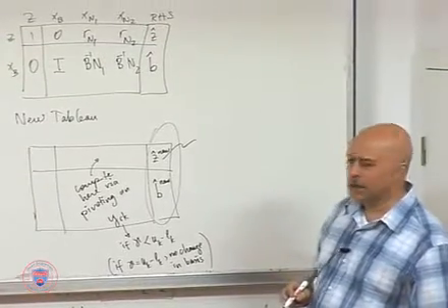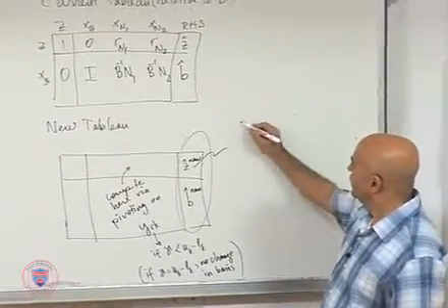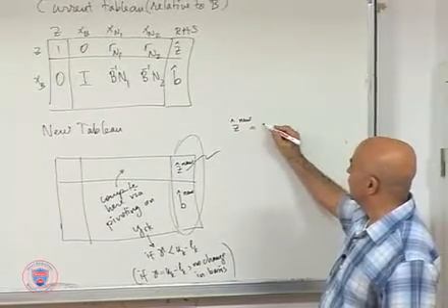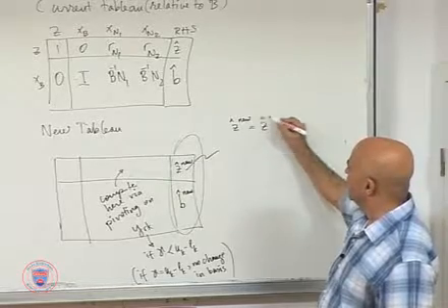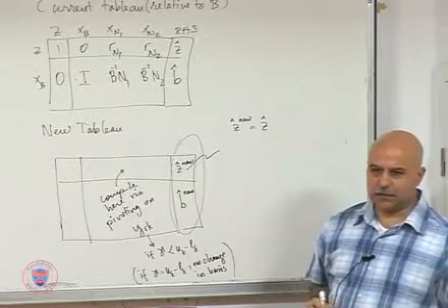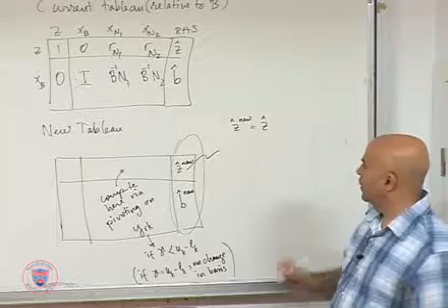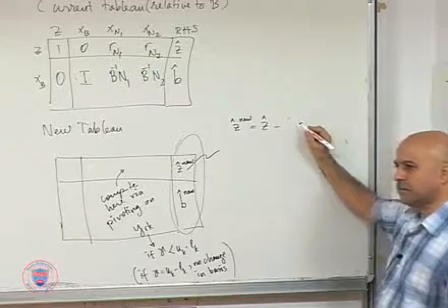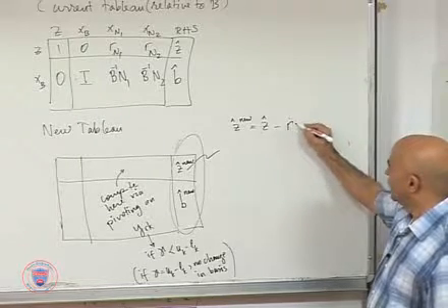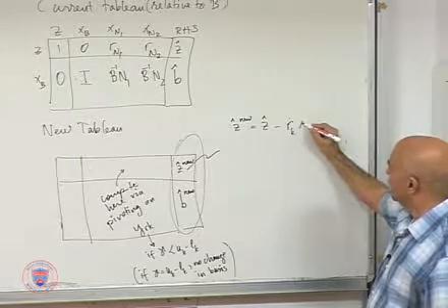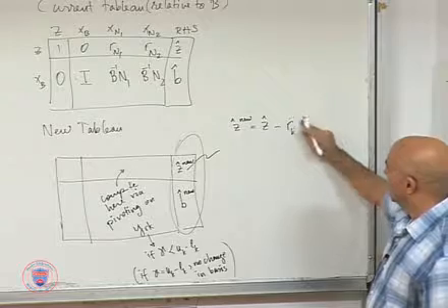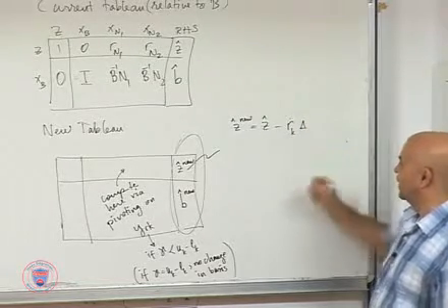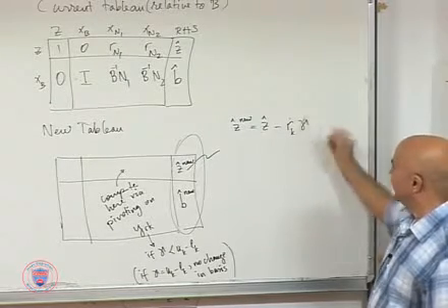How do we update Z-new? Well, it's simple. It's going to be the old value, which is Z cap, which is already computed. And how do we change that? Well, it's RK times delta, RK gamma, yeah.